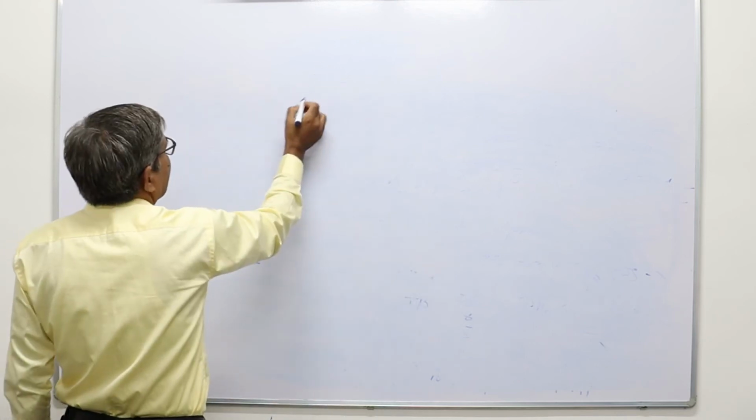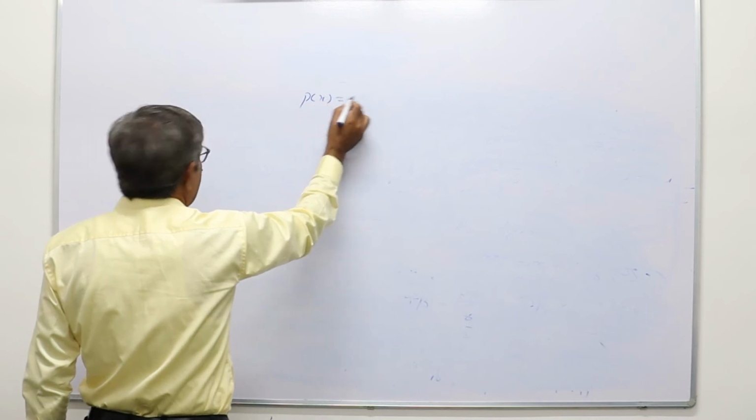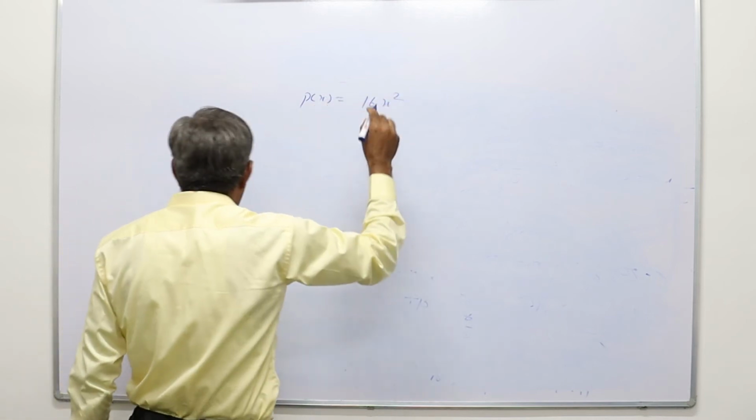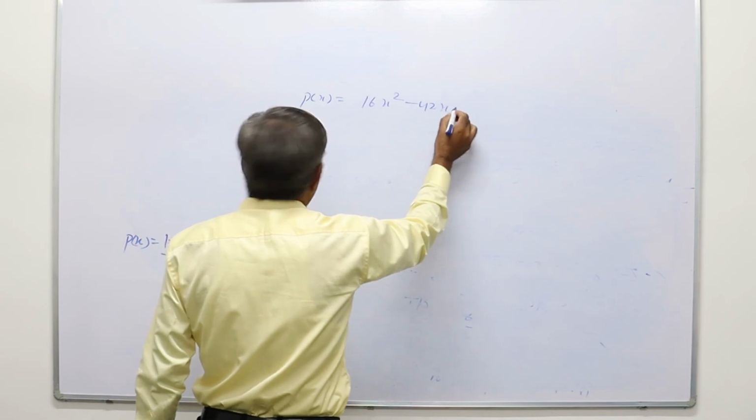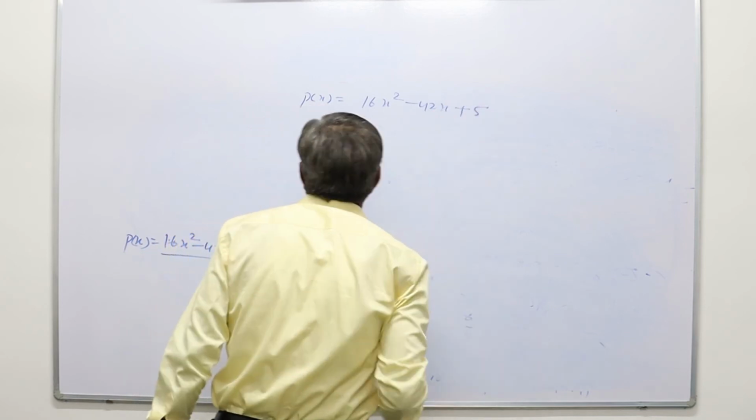So the given quadratic polynomial p(x) is 16x square minus 42x plus 5.